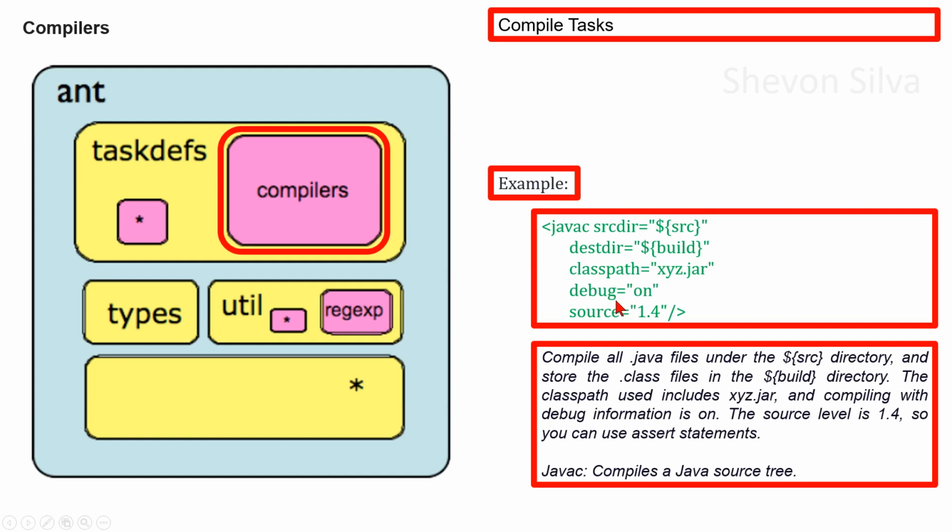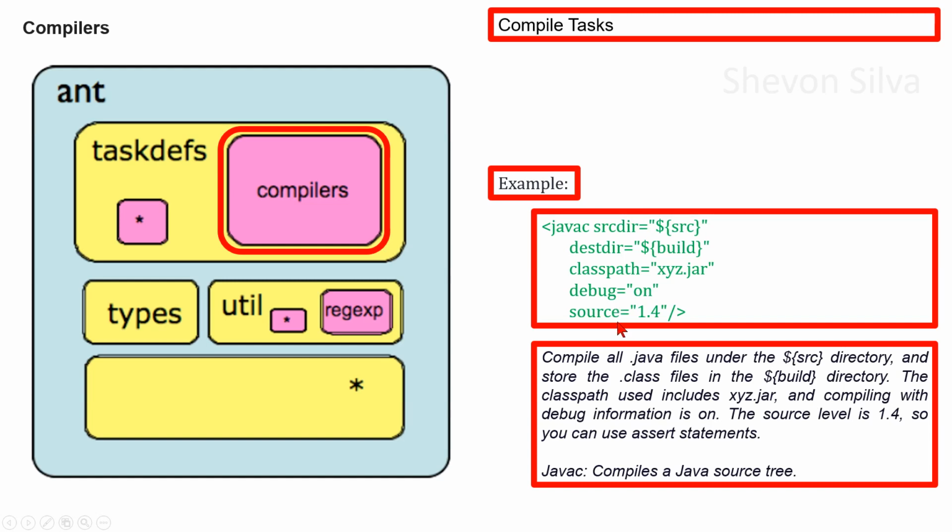Here you can see the debug attribute, which indicates whether source should be compiled with debug information. If set to off, -g:none will be passed on the command line for compilers that support it. For other compilers, no command line argument will be used.